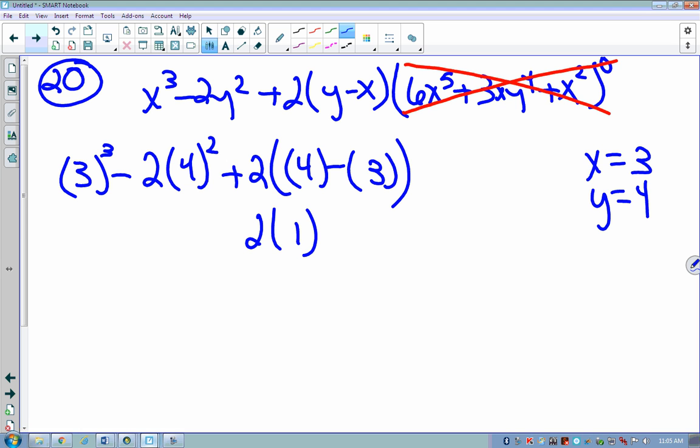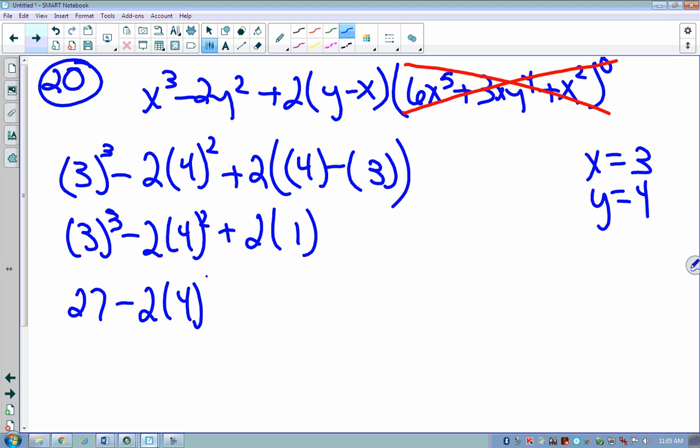I can bring down everything: 3 cubed minus 2 times 4 squared plus 2 times 1. Now what's next? Exponents. What's 3 cubed? 27. So I have 27 minus 2 times 4 squared plus 2 times 1.